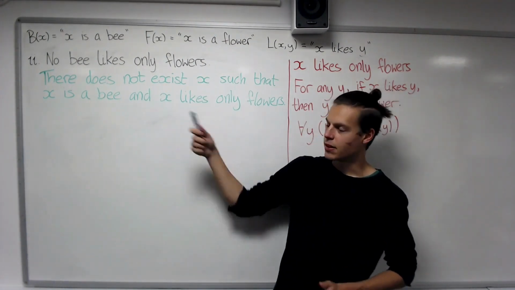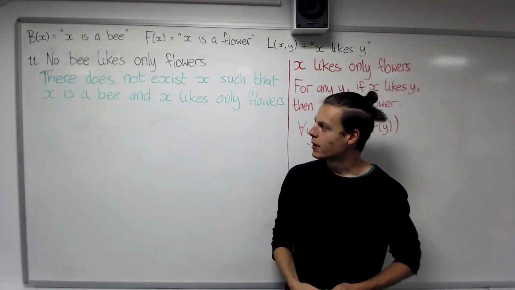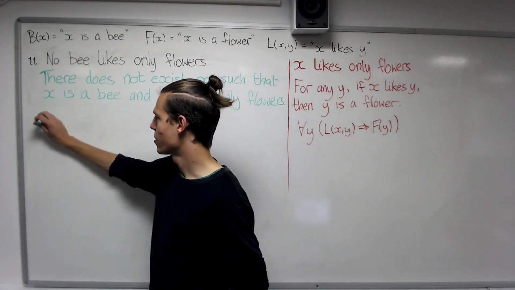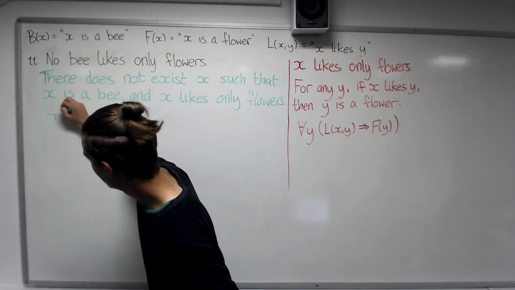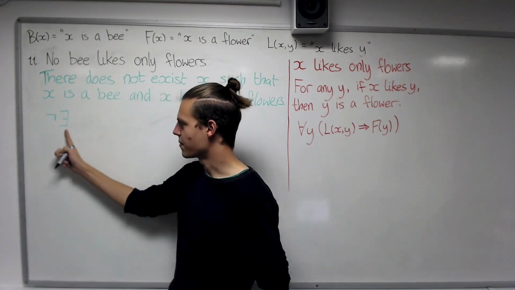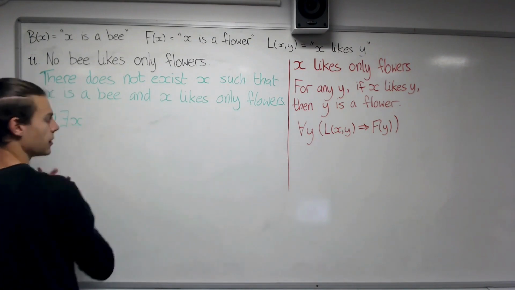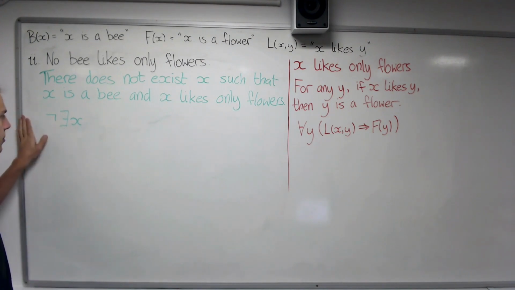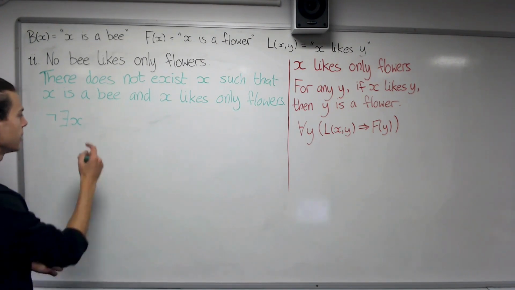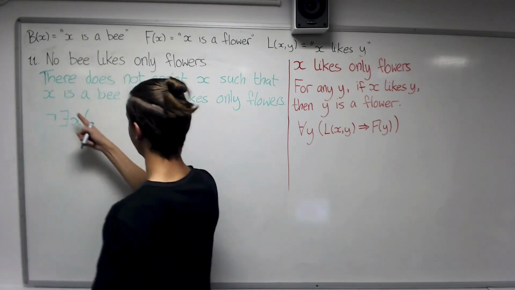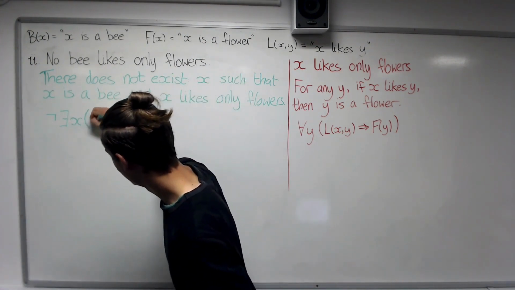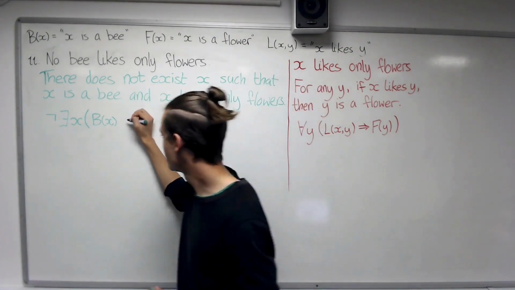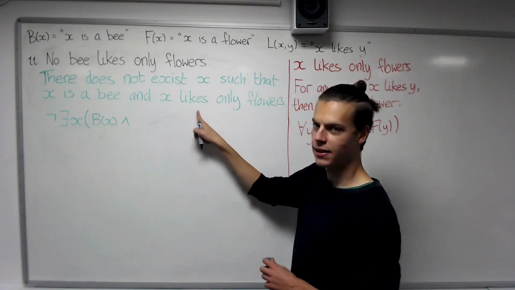So let's translate this into predicate logic now. To say that this x does not exist, you simply say not exists, meaning there exists some x, and negating it, we have it does not exist x such that B of x, x is a bee, and x likes only flowers.